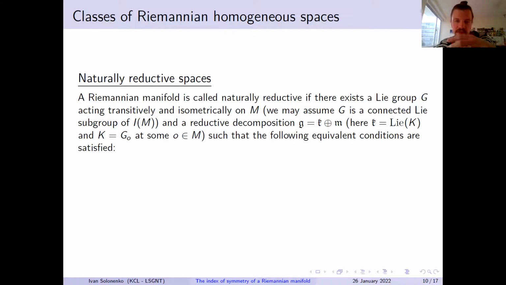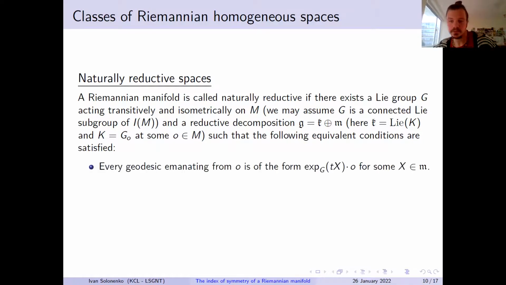By reductive, again, I mean that this M part is K-invariant, such that the following equivalent definitions are satisfied. First of all, this is a geometric one, which is, I think, just cleaner. Every geodesic emanating from O is just the orbit of some one-parameter subgroup corresponding to some vector X, but we require X to lie in this reductive summand M, not just somewhere in G. If we were to allow X to be just somewhere in G, these would be so-called geodesic orbit spaces, which are less well understood, and they're more general.